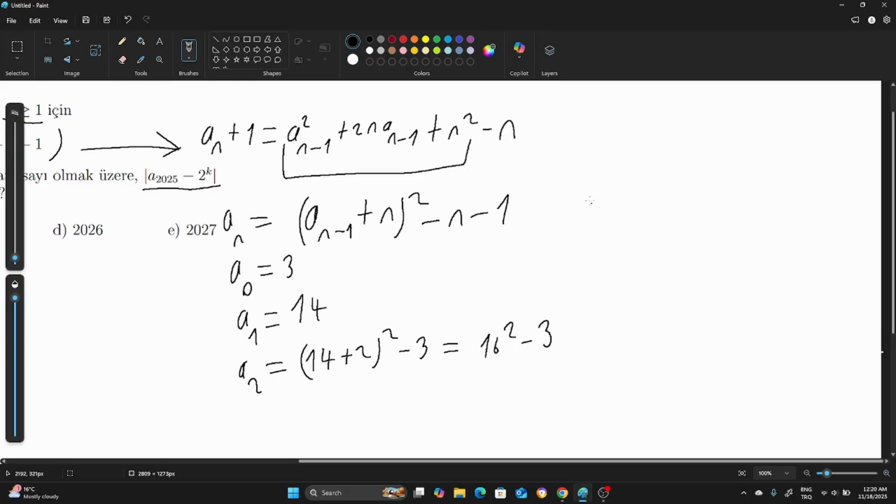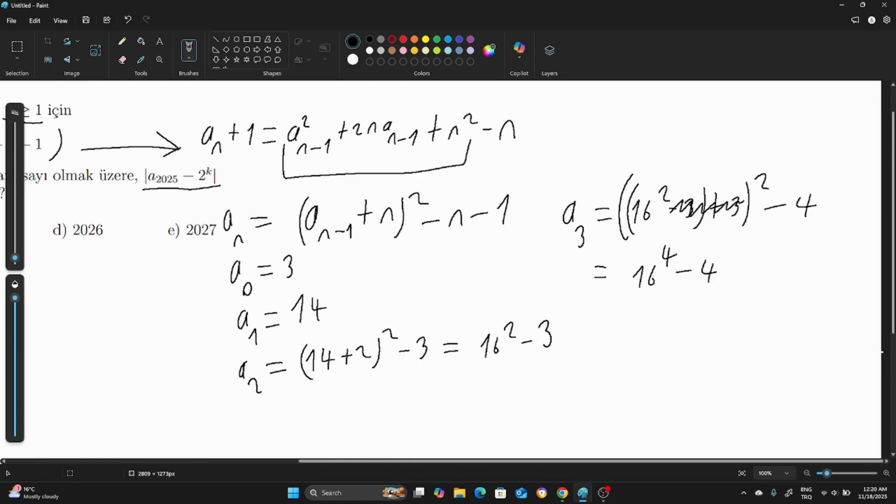Now for a3, we can say again we are gonna take this and plug as a_{n-1}. So a3 is gonna be, let's write this, plus 3 squared minus 4. Well, realize that these 3's cancel out, so a3 is actually 16 to the 4 minus 4.